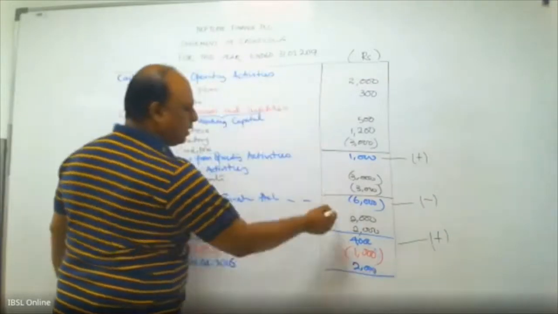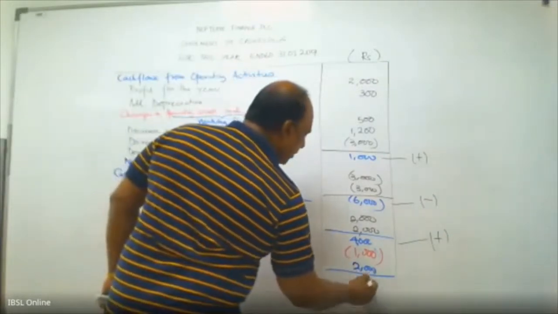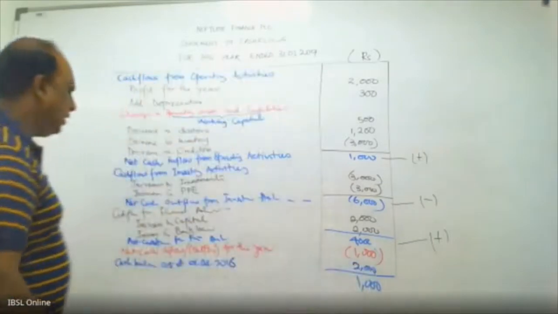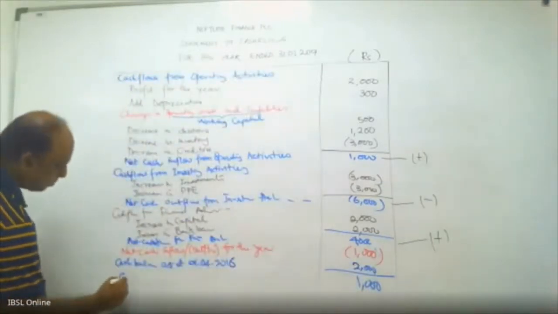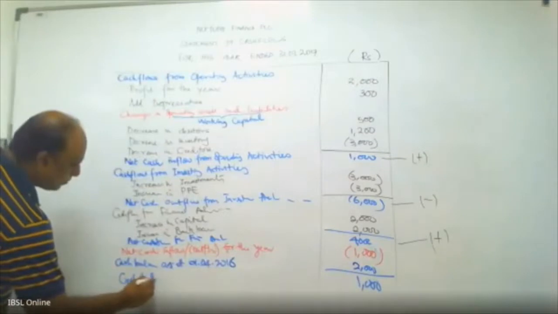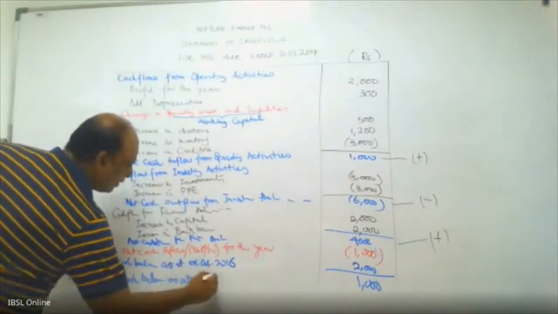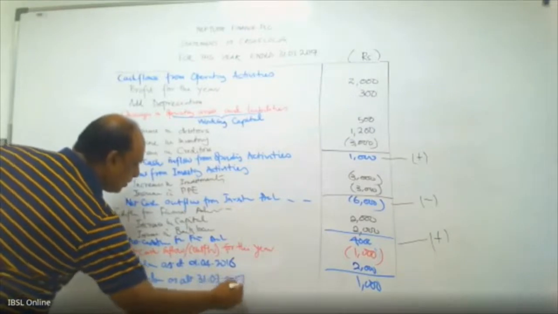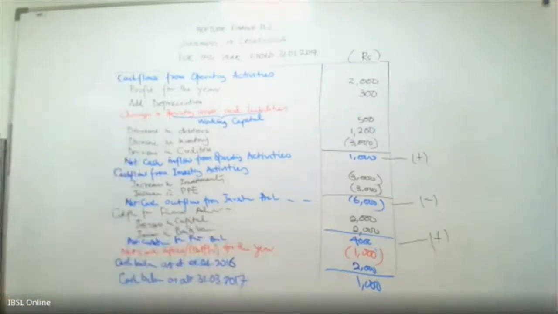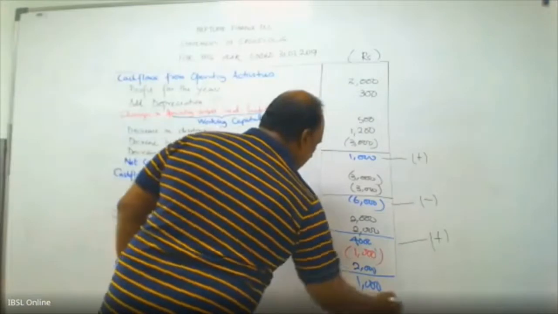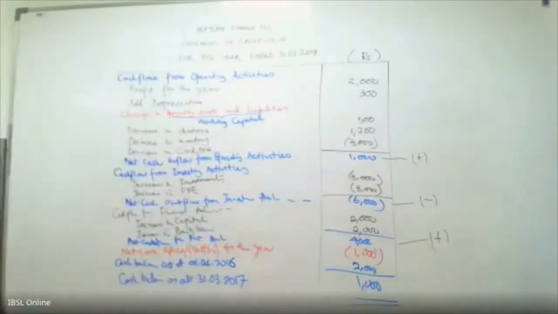So when you add the 2000 plus 1000, you get the 1000. What is that 1000? That is the cash balance as at 31/3/2017. So this is what the statement of cash flow is.